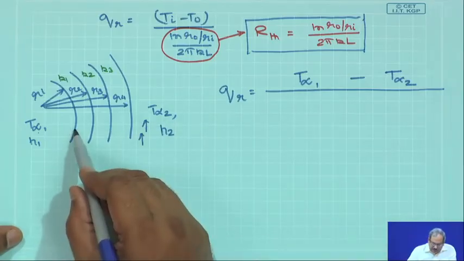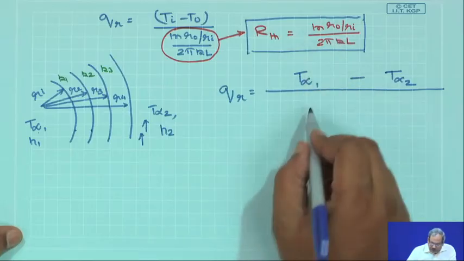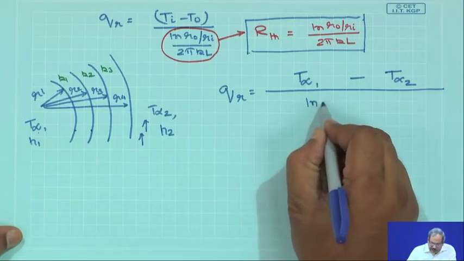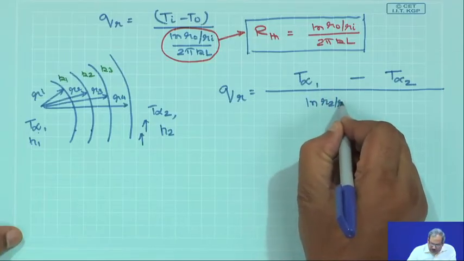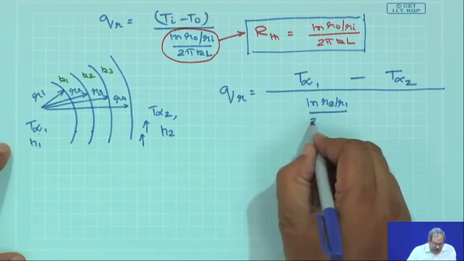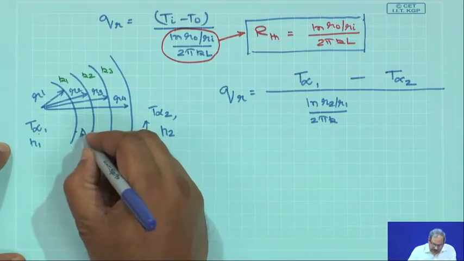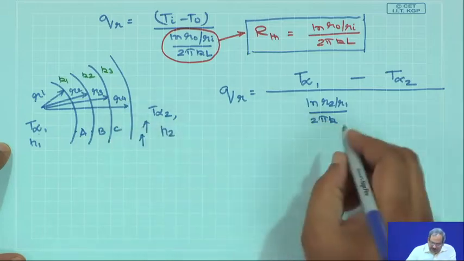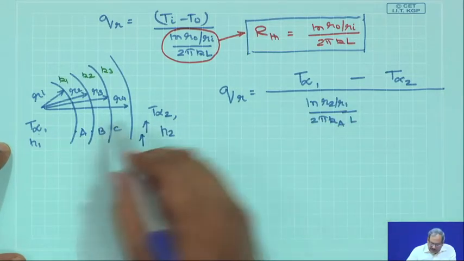So what is the resistance for the first one? As we have discussed before, it is simply ln R2 by R1 divided by twice pi k of the material, let's say these are A, B and C, Ka times L, and then the second one takes over.